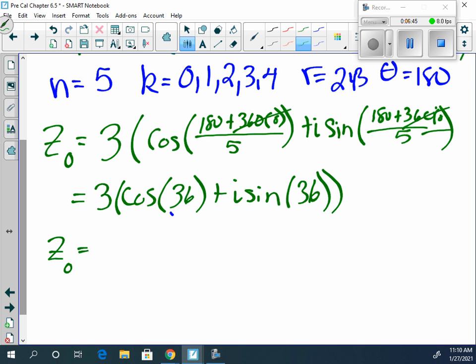So just do 3 cosine of 36 degrees, and then do 3 sine of 36 degrees.